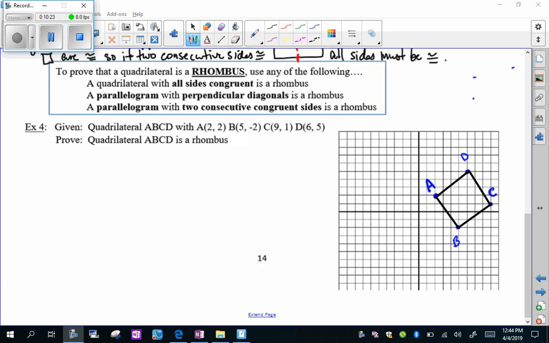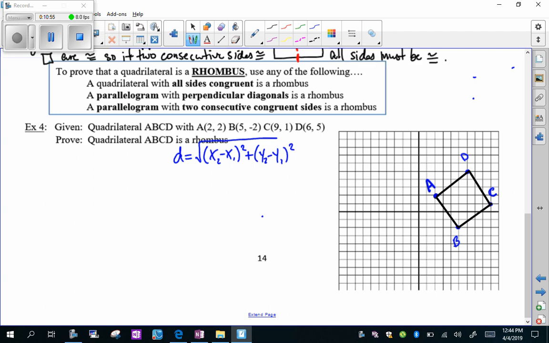So the approach I'm going to take to prove that the quadrilateral is a rhombus is to prove that all the sides are congruent. And I know I can do that using the distance formula. So I'm going to write down my distance formula. Well, I can use my distance formula, but I'm actually not going to. x sub 2 minus x sub 1, squared, plus y sub 2 minus y sub 1, squared.